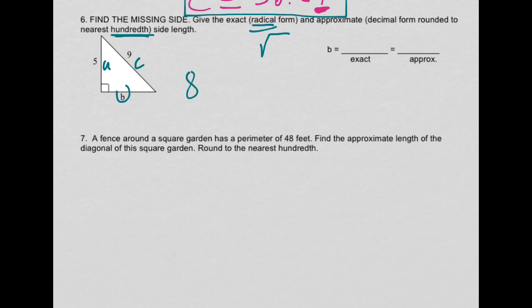So you'll still have 81 equals a squared, which is 25, plus b squared. You'll subtract 25 from both sides because you want to get b alone.